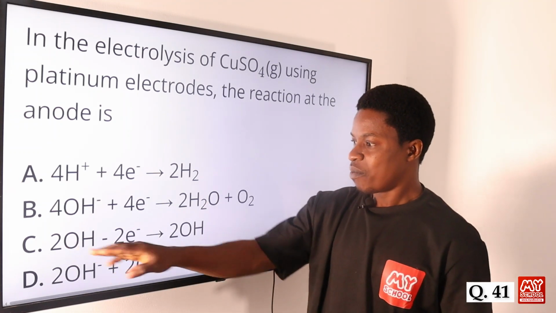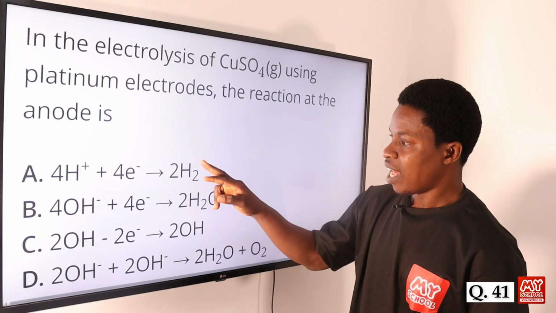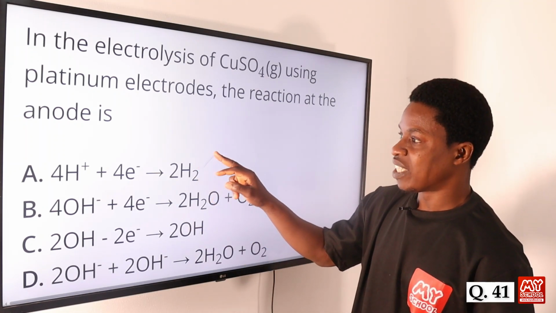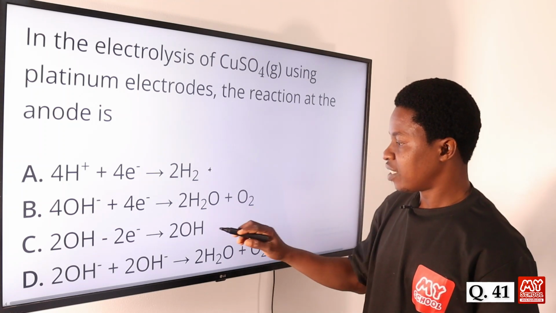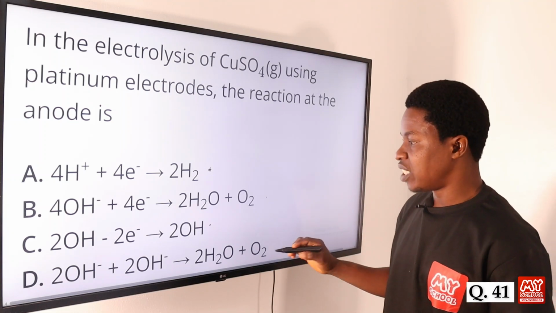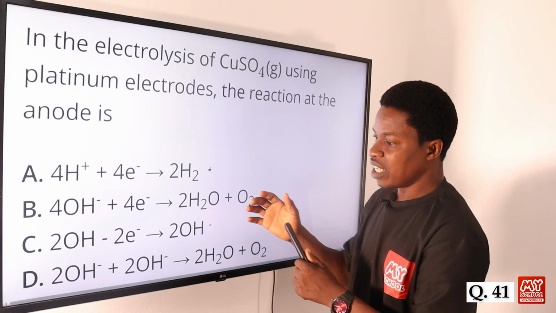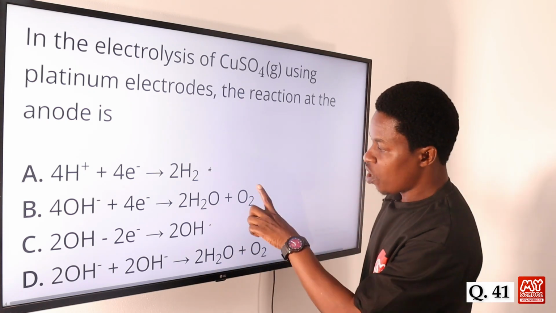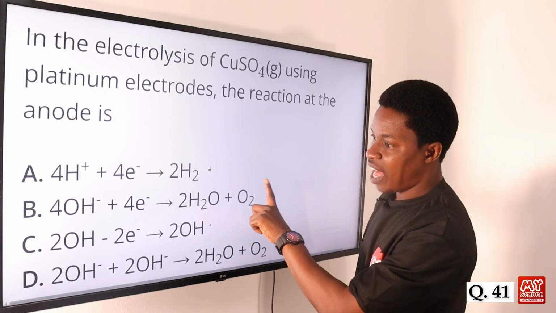Then here we have 2OH minus and 2 electrons, so this one is eliminated because this is not water that has been oxidized. The only ones where water is being oxidized are option B and option D, they look alike. We have water here and oxygen here because oxygen is being added, so oxidation takes place at the anode.